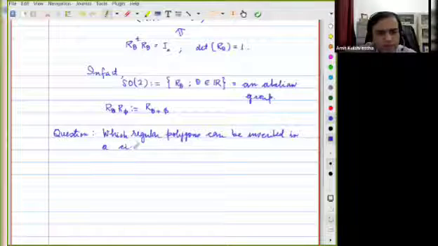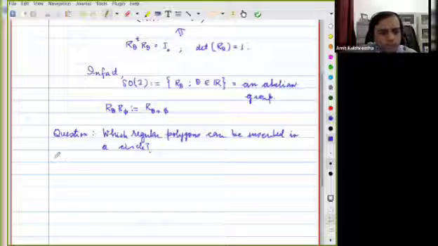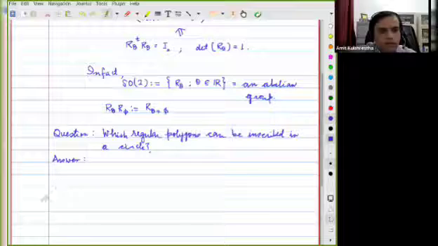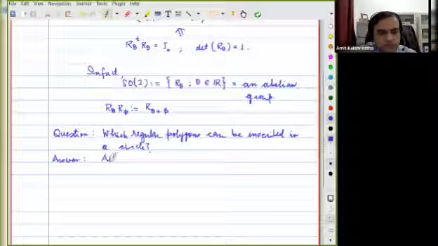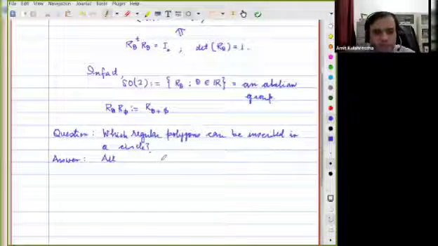Very basic question and not difficult at all. What's the answer? All, right? Any regular n-gon.